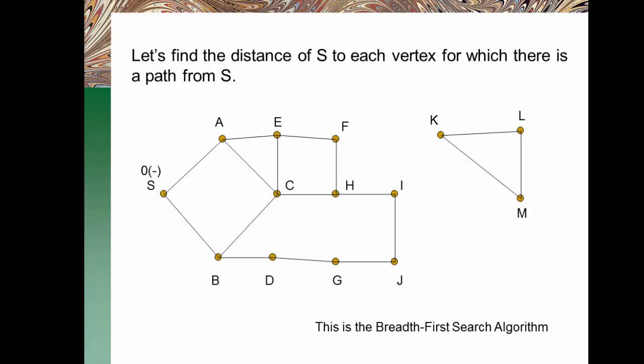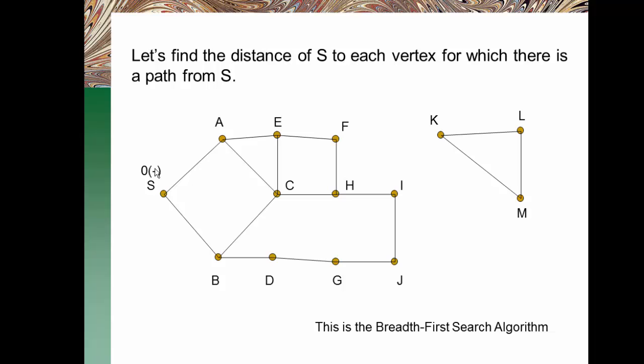Let's begin by labeling the vertex S with 0, meaning that the distance from S to itself is simply 0. And in parentheses, we would put the predecessor, but since S is the starting vertex, there are no predecessors.